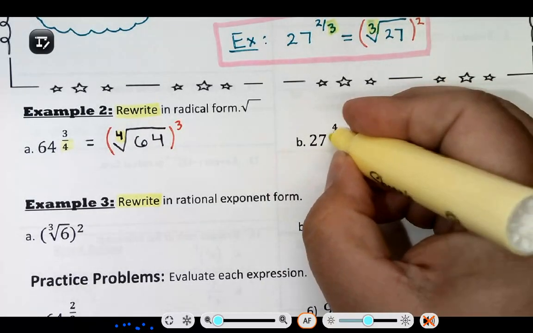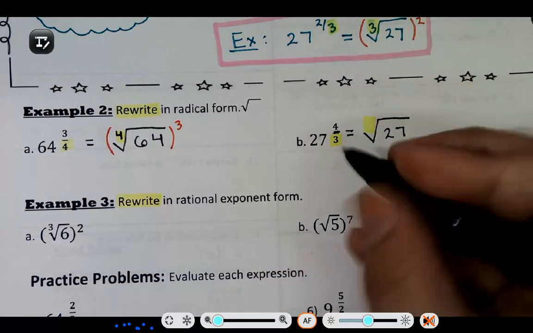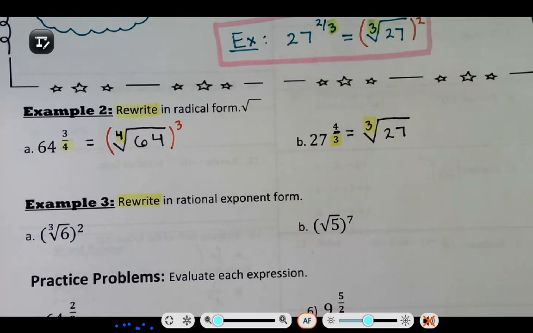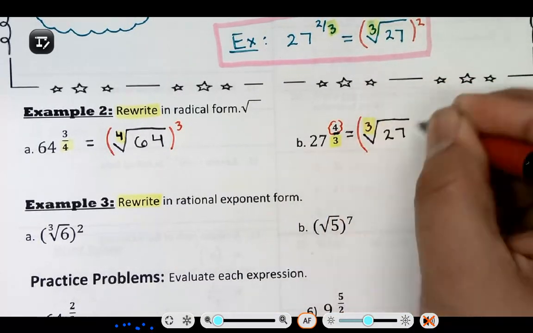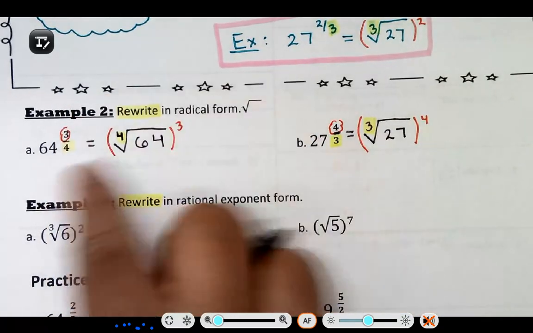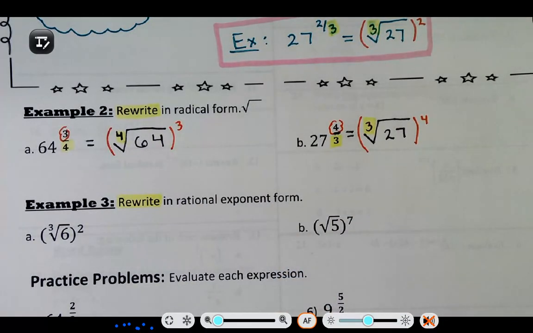My denominator is 3, so my index is 3. And what about that 4? Well, remember, that 4 that's on top, you just leave it on the outside. Just like we left the 3 outside, the 4 on top just goes outside as well. We are rewriting. We don't need a calculator yet.